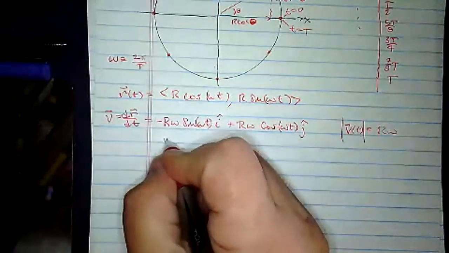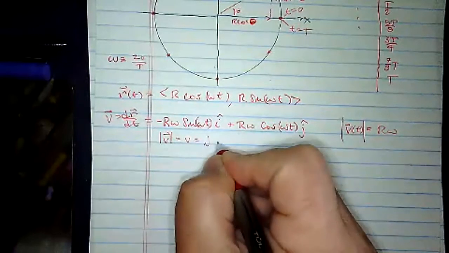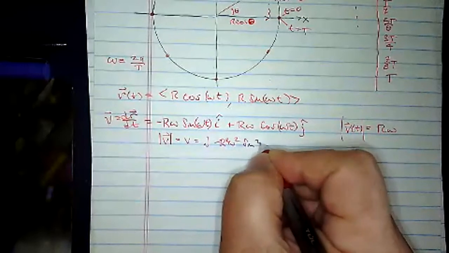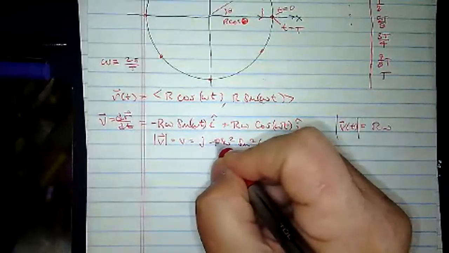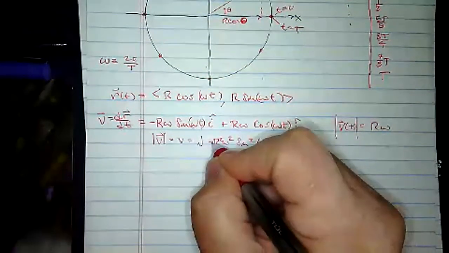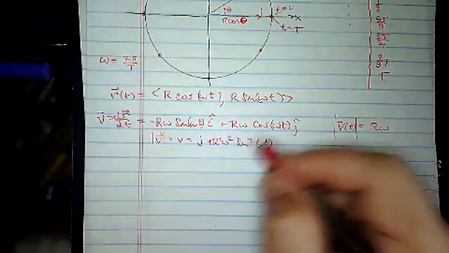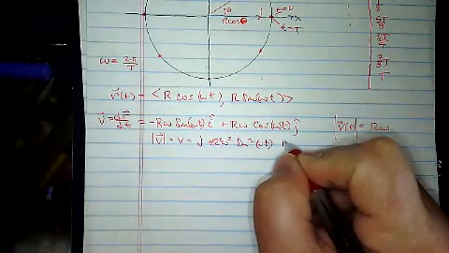Well, if you take the magnitude, that's equal to the square root of negative R squared omega squared sine squared omega t. And actually, I should notice that negative is going to disappear, so I'll just put that there. Now I'm going to square the other one.